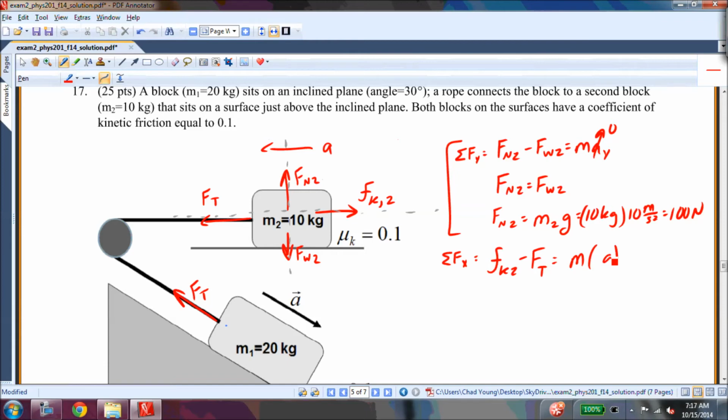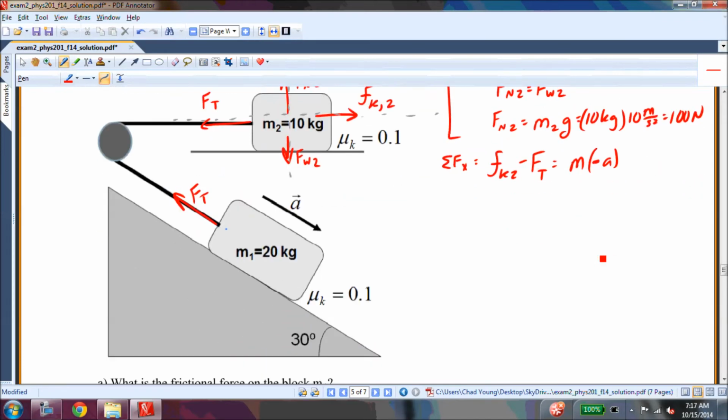A lot of you made mistakes actually where you put a positive A. Actually, I should have a negative A right here. M times negative A. Then I have two unknowns here. I have Ft and I also have A. I also don't know Fk2, but let's go ahead and find out what Fk2 is, and then we'll come back to this equation in just a bit.